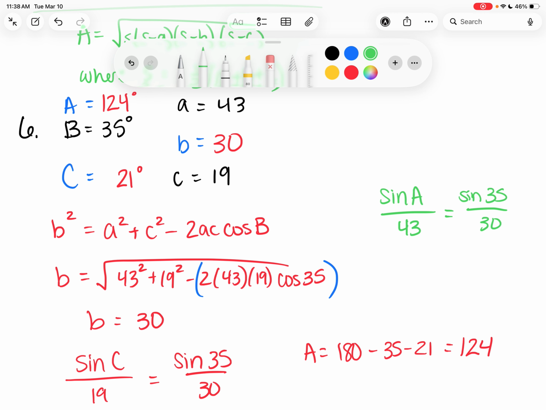So, A would be the inverse sine of 43 sine of 35 over 30. So type that in and tell me what your calculator says the answer is. 55. Okay. So it might work.